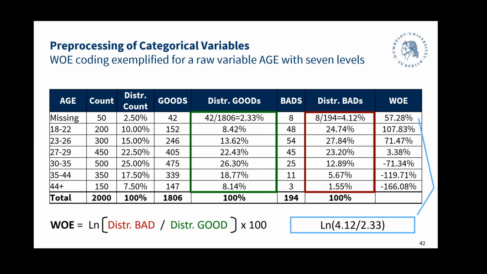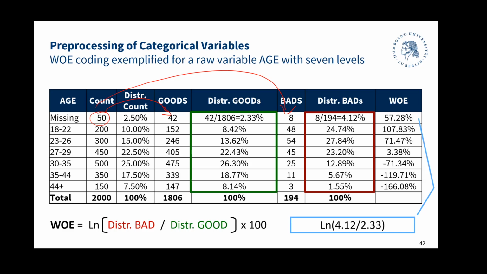In total, I have 2,000 customers in absolute terms, and then the relative frequencies corresponding to these counts. And then we distinguish between goods and bads. So you see how the 50 customers where age is missing, for example, split up into 42 goods and 8 bads. This is how to read the table.